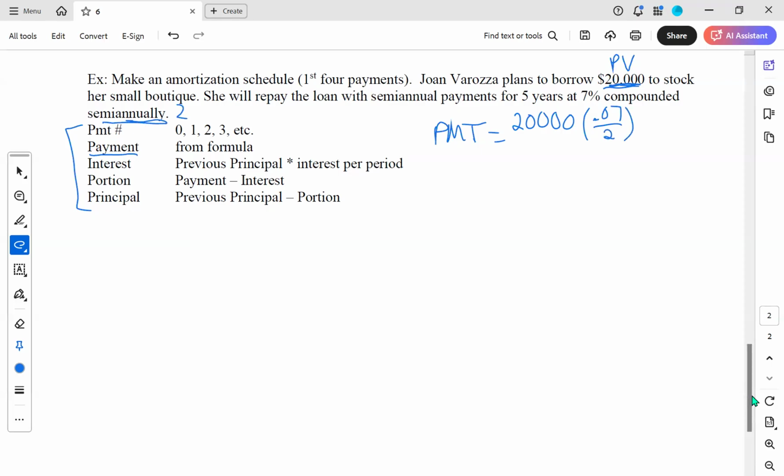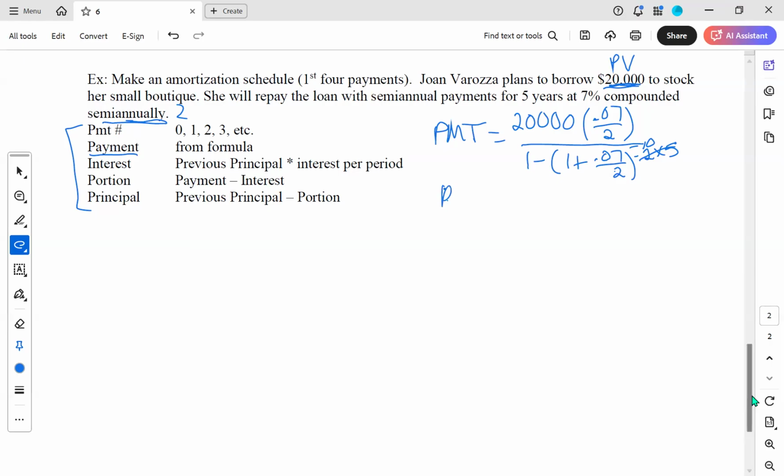So semi-annually means twice, all over 1 minus 1 plus 0.07 divided by 2 raised to the negative 2 times 5, or negative 10.